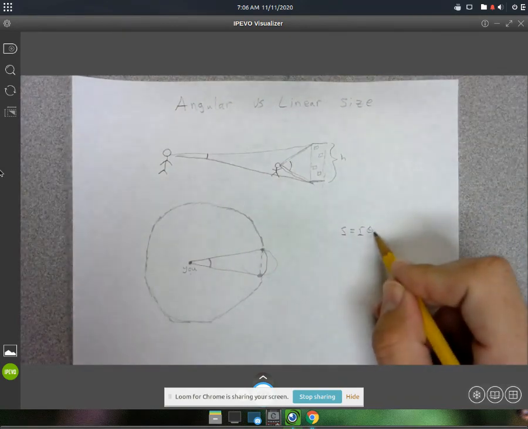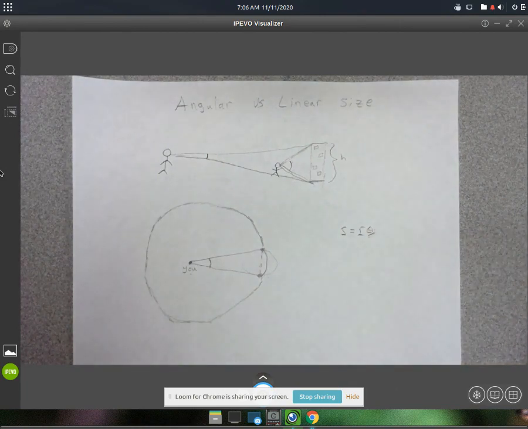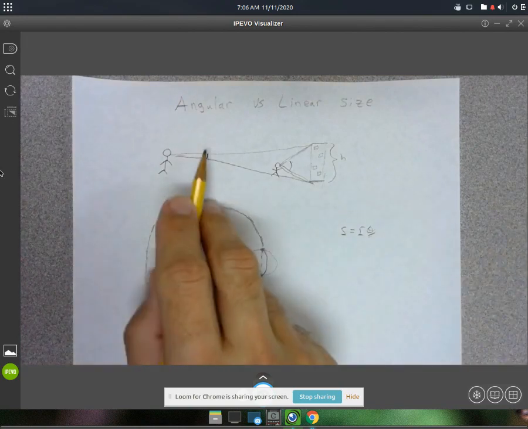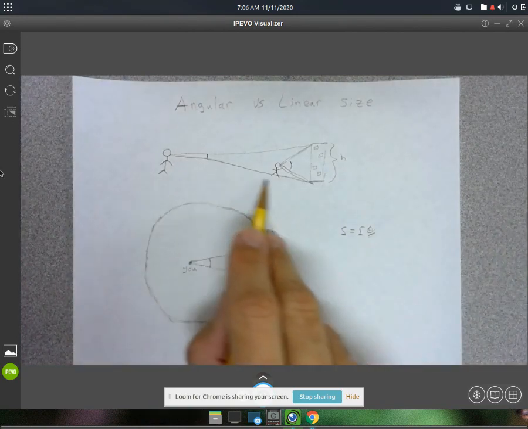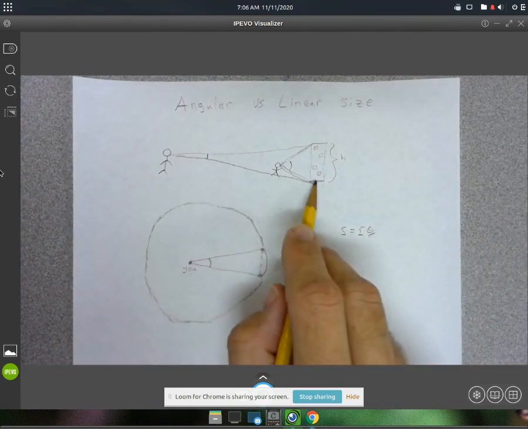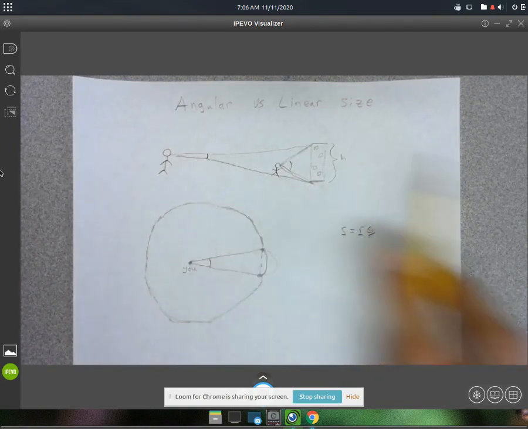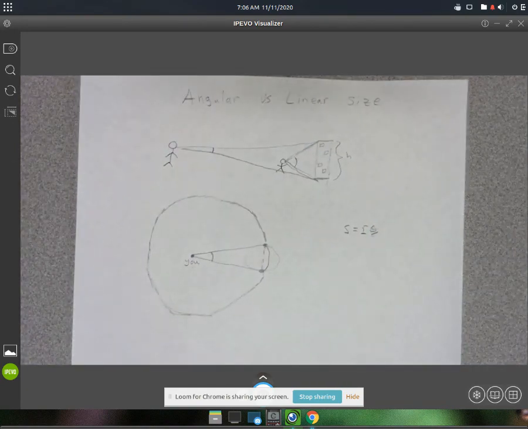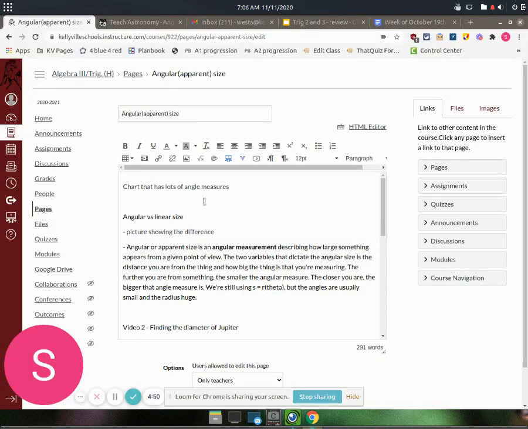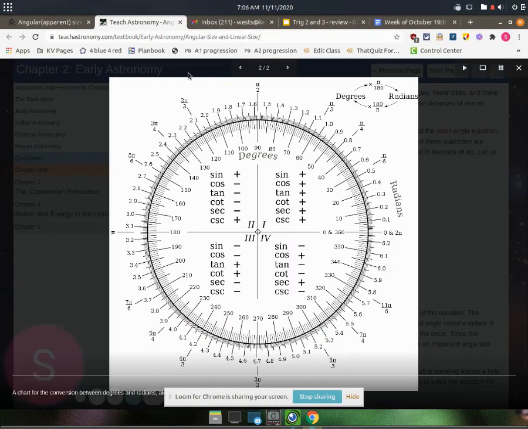And the angles that we're using, the thetas, are usually super small. The angle that's created between his line of sight and the bottom and top of this building is a really small angle. A lot of times they use this stuff in astronomy to measure the size of a planet here.